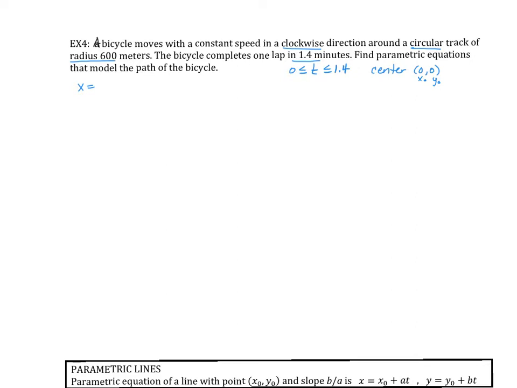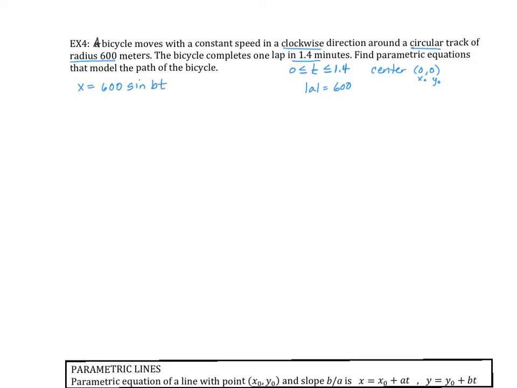Remember, this is not unique, which means a is going to be either negative or positive 600. Because remember, my absolute value of a is going to be 600. So I can choose a to be a positive or a negative 600. So I'll just choose the positive and have x equal to 600 sine, because I'm going to go clockwise, of bt.